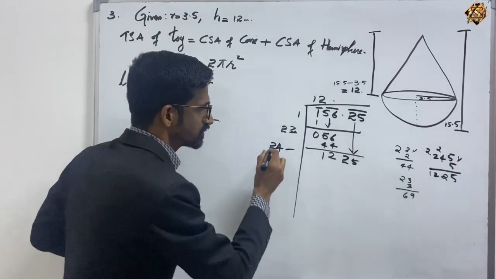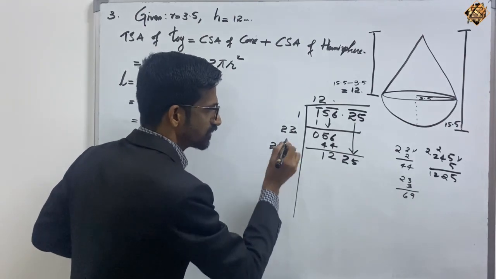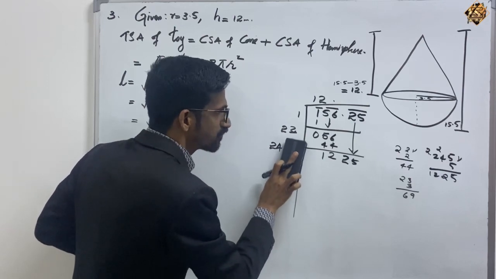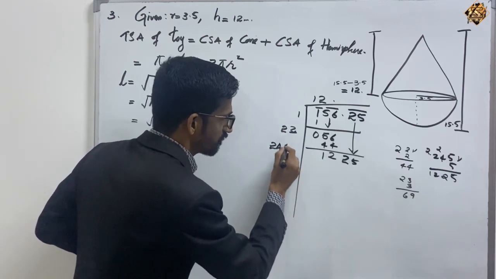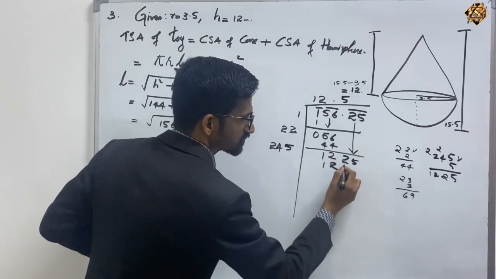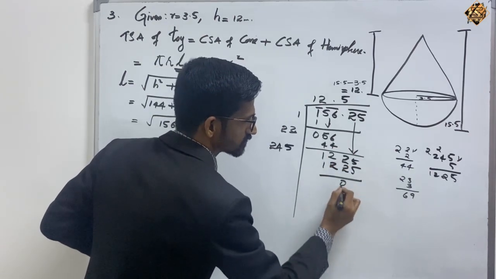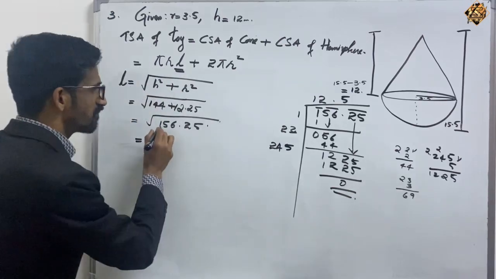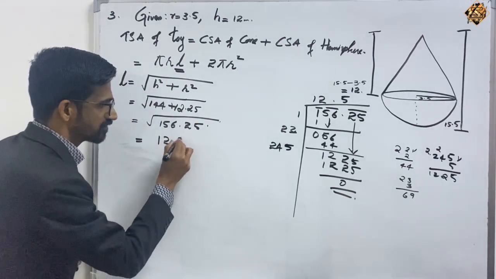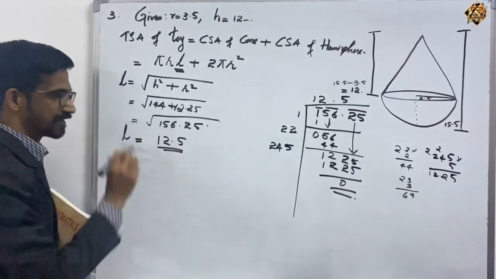So 245 into 5 is 1225. So the square root of 156.25 is 12.5. This is the value of L.